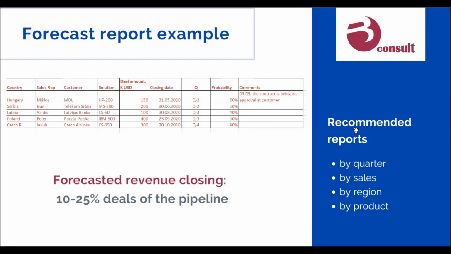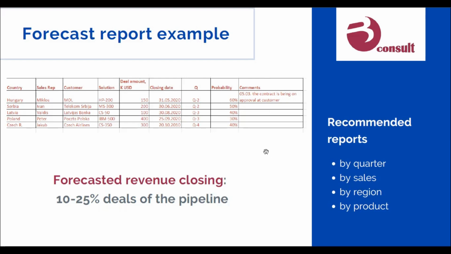Considering that we have several fields, we can use reports with filter by quarter, by sales rep, by region or country, by product or product line. So here you can estimate your forecasted revenue, and you can also make a weighted forecast if you put amount and apply probability against it.